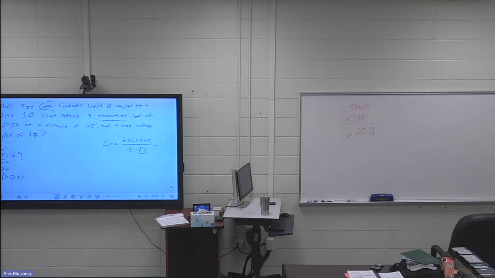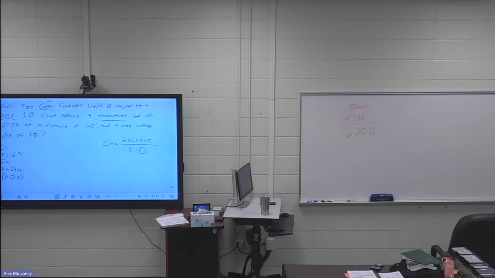What's my next thing I can put in my bank? Before that, the volts. It's right there, 240 volts. Single phase. So that means that I am not doing what? Multiplying by what?